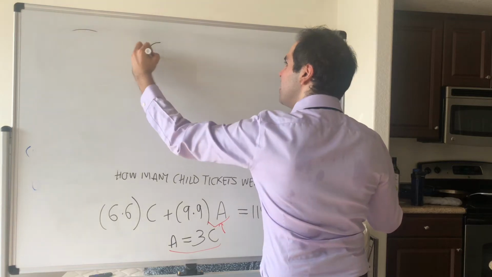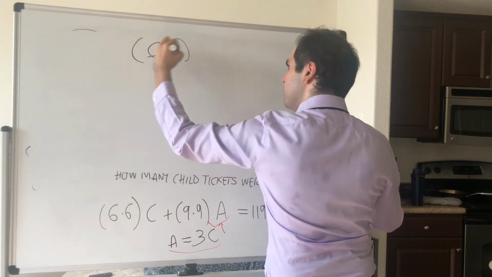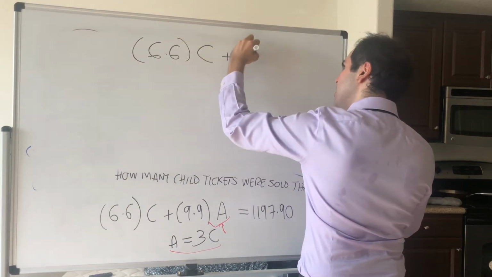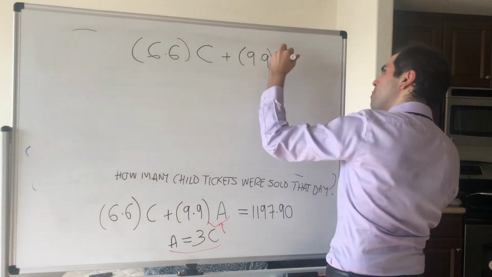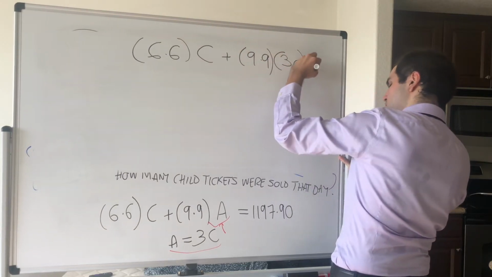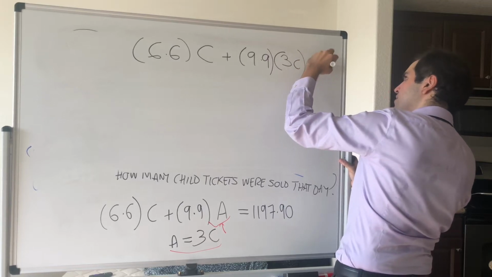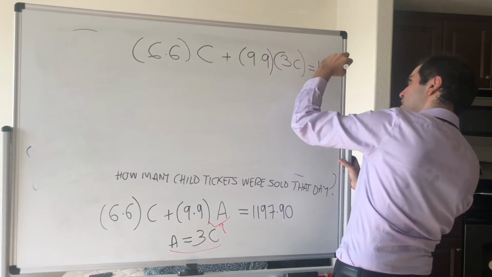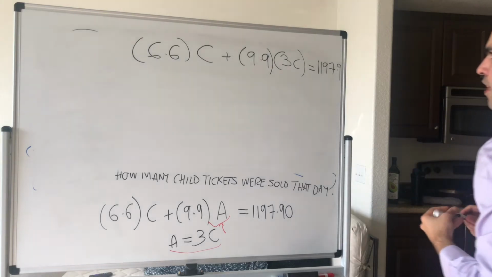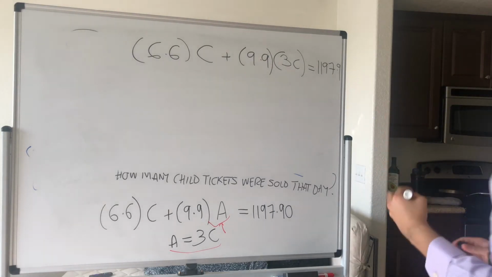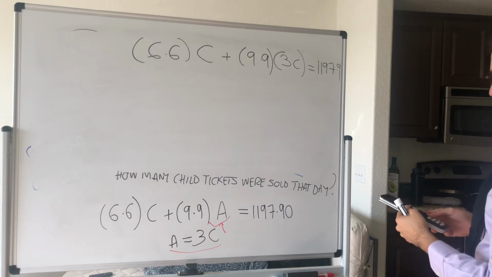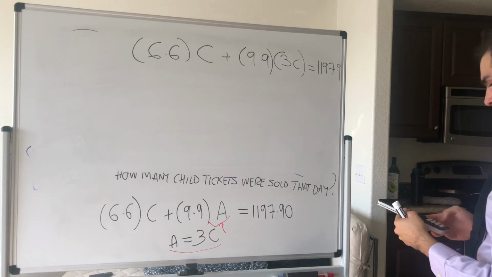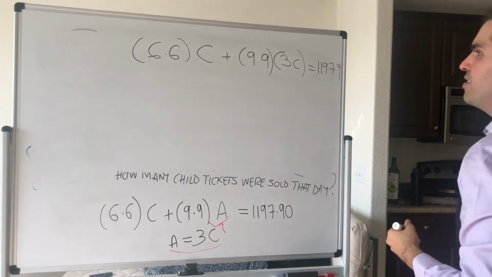So what you get is 6.6C plus 9.9 times 3C equals 1197.90. And then, if you want, first do that algebra. So 9.9 times 3, that's 29.7.